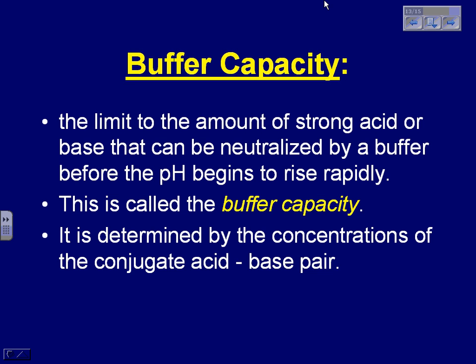A buffer is typically made up of equal concentrations of the weak acid and the conjugate base, or vice versa. If they're at equal concentrations, they cancel out of the equation, and the H3O plus becomes equal to the Ka. That's your initial buffer pH. And that's a handy thing.